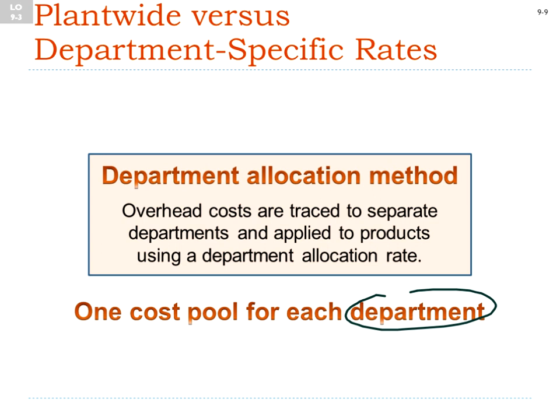So it's slightly more accurate than the plant-wide allocation method, because the plant-wide allocation method just uses one cost pool, but in the department allocation method, it could be two or more, because you're going to have several departments in a single company.